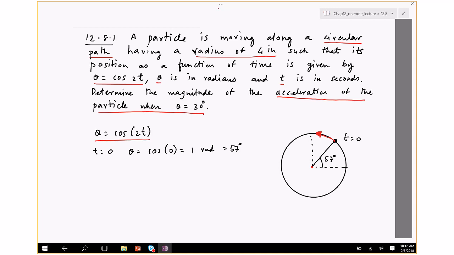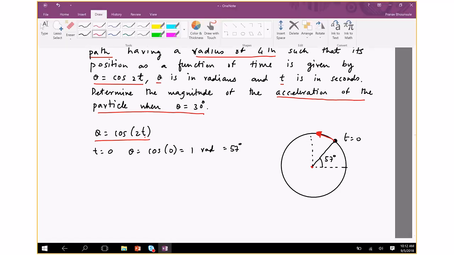I think I made a mistake. So it's not going counterclockwise, it's going clockwise, because when t increases, cosine will actually decrease. So it's actually going to go this way. Right?